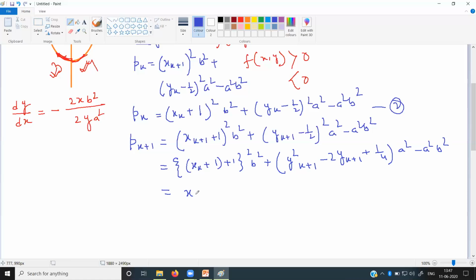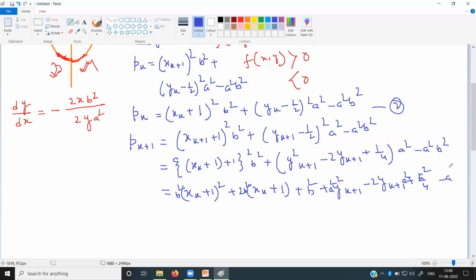Then we can write xk plus 1 whole square plus 2 of xk plus 1 plus 1, and then plus y square k plus 1 minus 2 of yk plus 1 plus 1 by 4, along with the parameter b square, and a square, and a square by 4, minus a square b square. Fine.